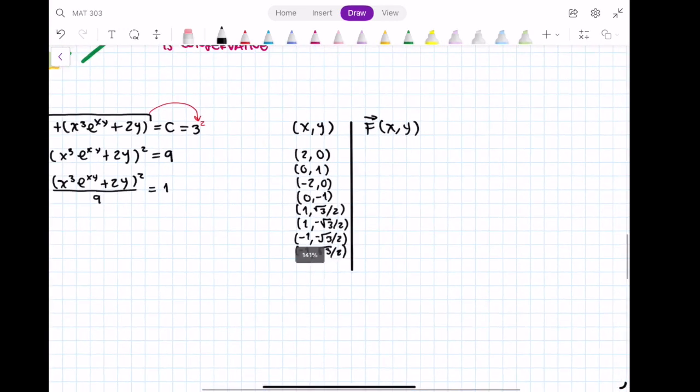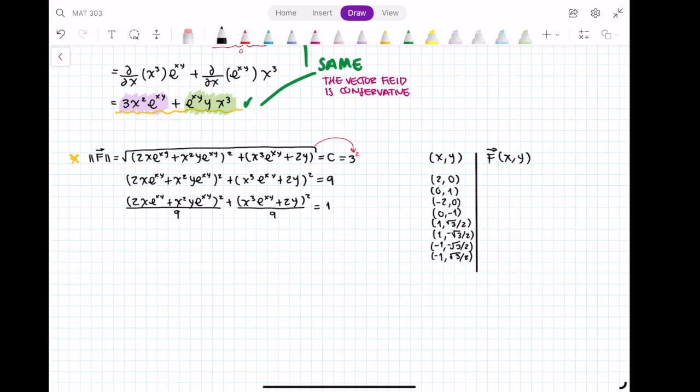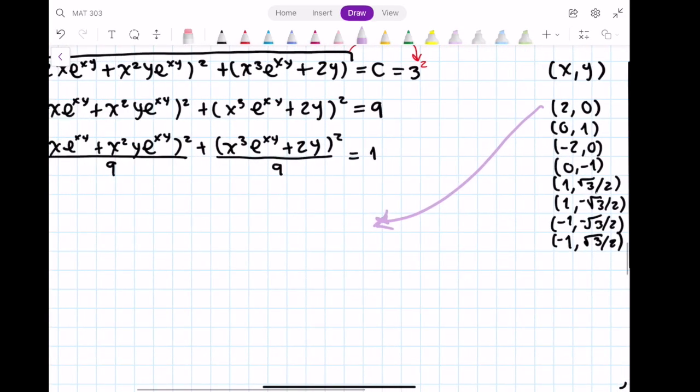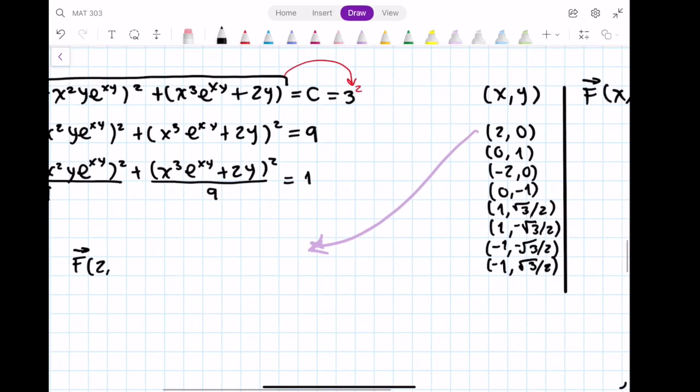So I'm gonna do the first one here just to explain how I did it, but the rest you can do from it, right? So we have vector f of the first point, that is 2, 0, right?